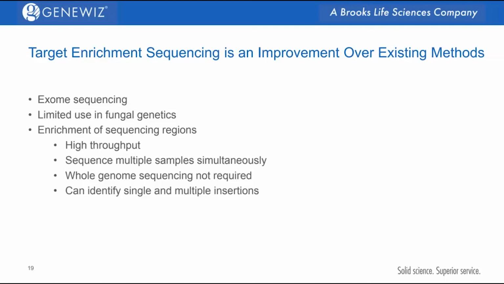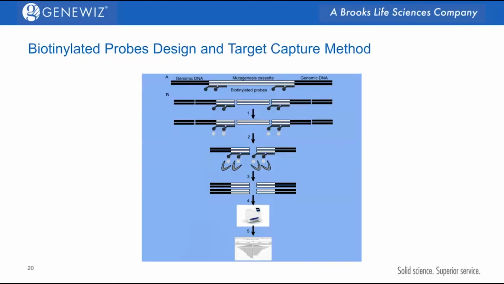Also, you don't necessarily need whole genome sequence information, and not just that, you can also identify single and multiple insertions at the same time, which is a big advantage over the existing methods such as Genome Walker or TAIL-PCR. Now, how do you go about doing this target enrichment sequencing?